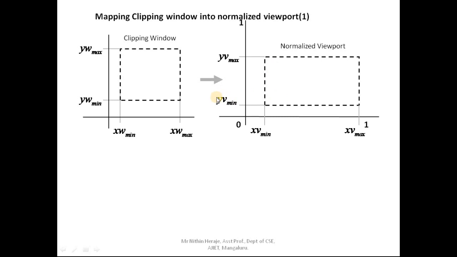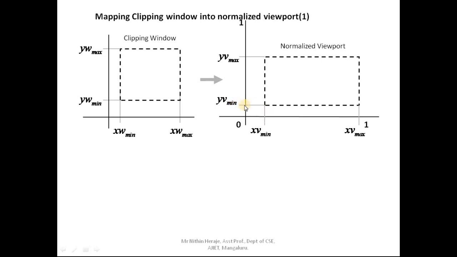Here also we have y minimum value, which is a little less than yw min. Here w stands for world coordinate, and v stands for viewport coordinate. So yv min gives you the value of this point. Similarly, xv min is the value for this.